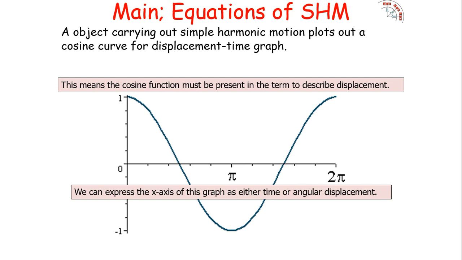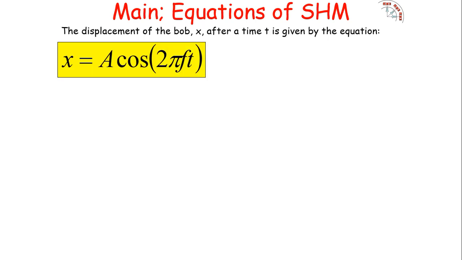It starts off at positive displacement, which is the maximum positive displacement of the amplitude. You then go to 0. You then go to the maximum negative displacement, which is the negative amplitude. You then go back to equilibrium, so the displacement is 0, and it goes through like that. So you've got to understand that the equation for displacement includes a cosine term. Now here's the equation.